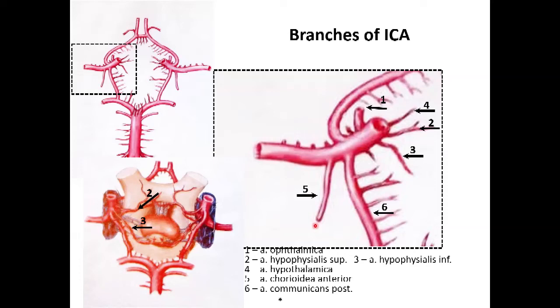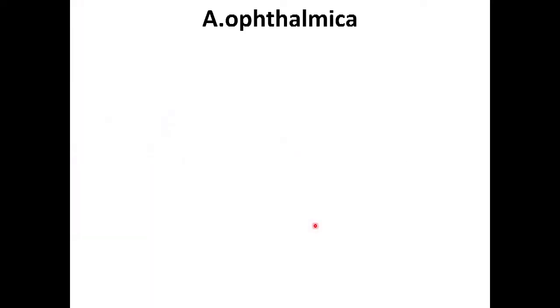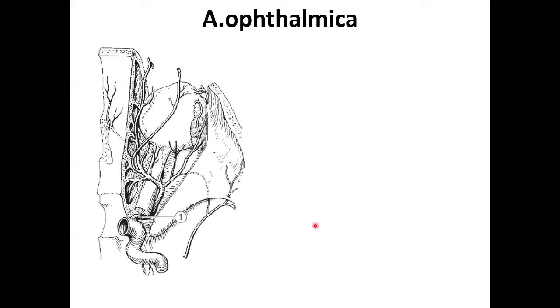And now another very important vessel, also not large, Arteria ophthalmica. We shall use the picture from the Atlas of Franz Fenisch, and I hope you recognize that this is the anterior fossa of the internal surface of the skull.